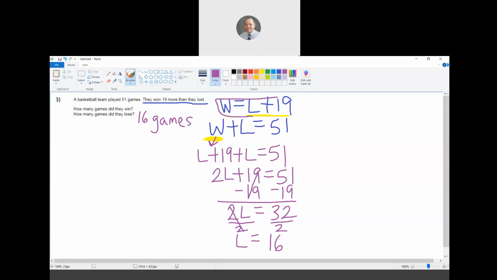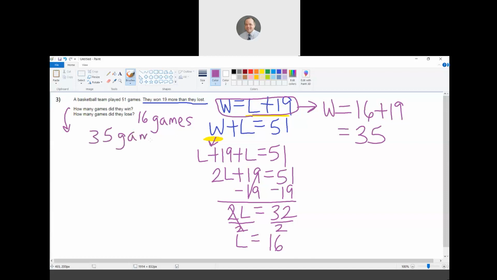I'm using the first equation and replace L with 16. So 16 plus 19 is 35. So they won 35 games. Add your amounts together, you should get 51 total.